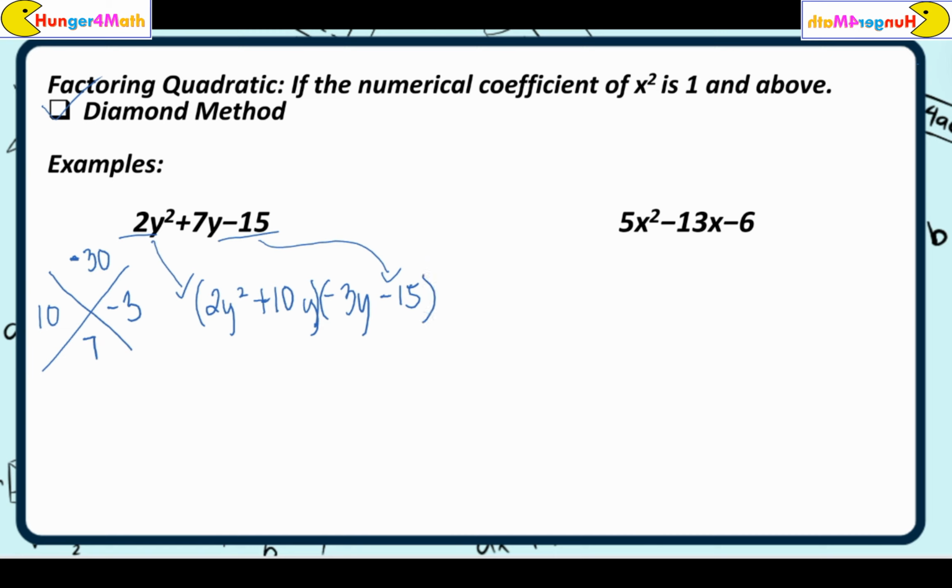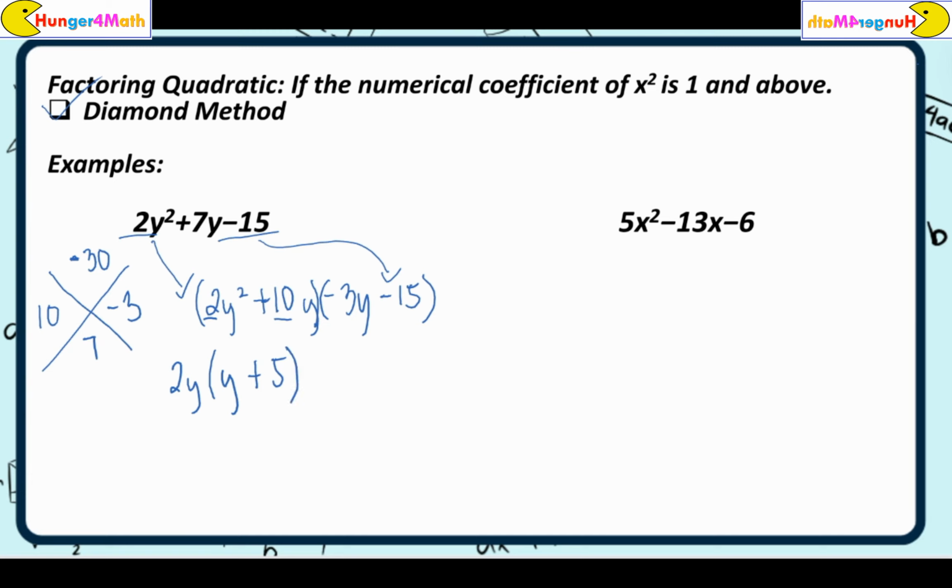Then common factor. So 2 and 10, the GCF is 2. Y squared and y, so that will be y. Then let's divide. 2y squared divided by 2y is y. Then 10y divided by 2y is plus 5.